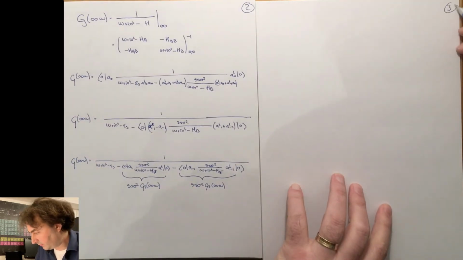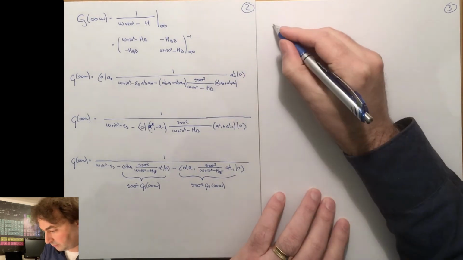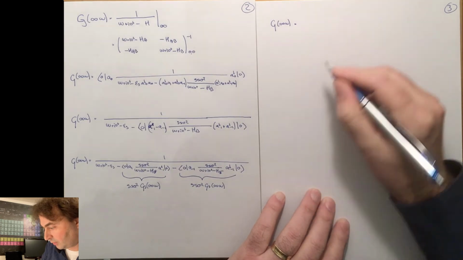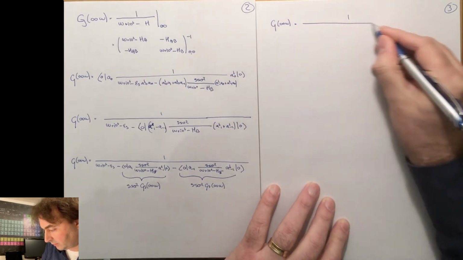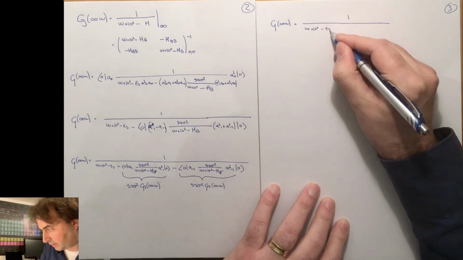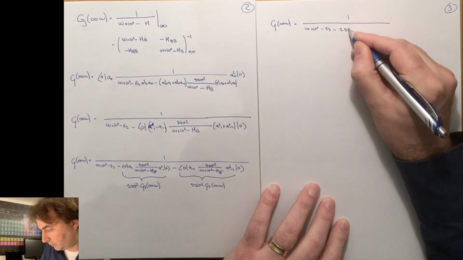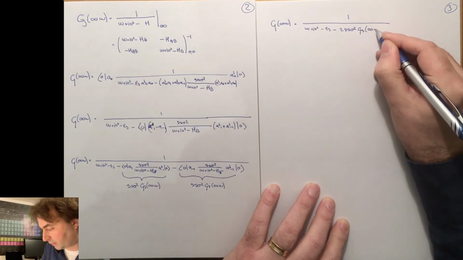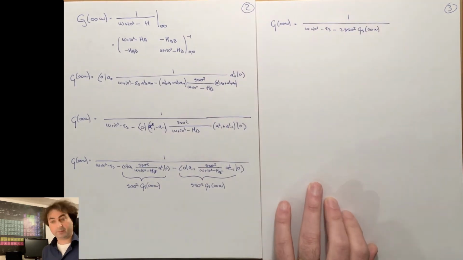So we find that our Green's function is given by 1 over omega plus i0 plus minus epsilon s minus 2 ss sigma squared times the Green's function of a semi-infinite chain.